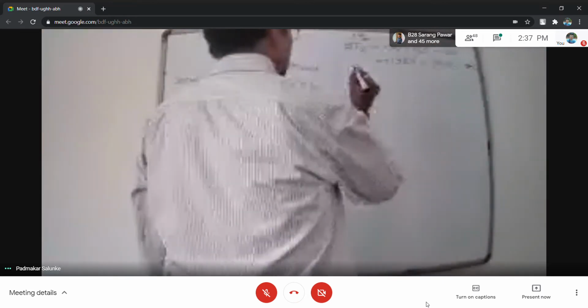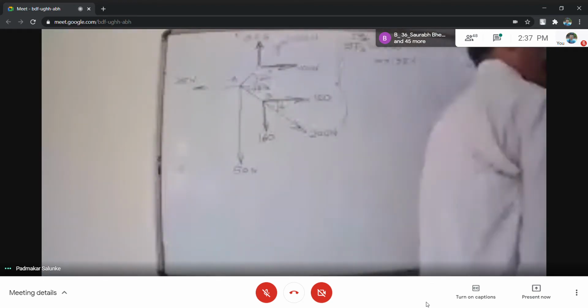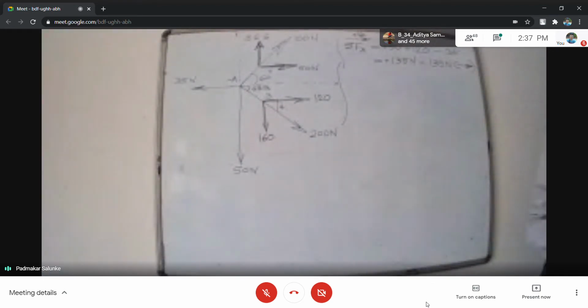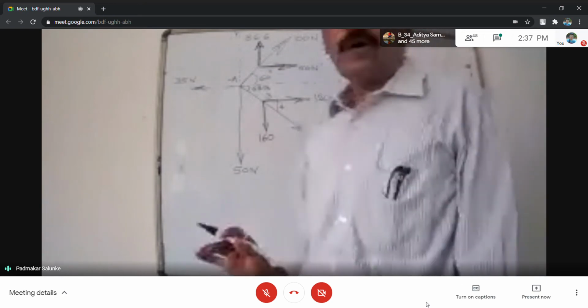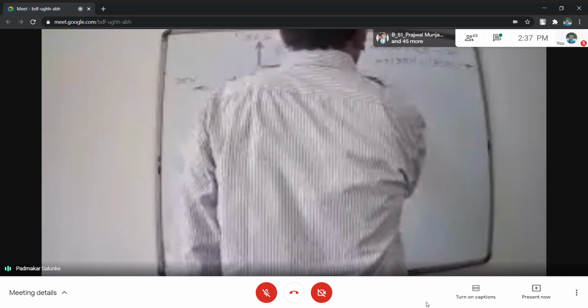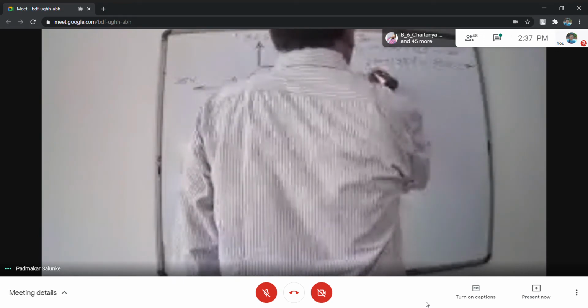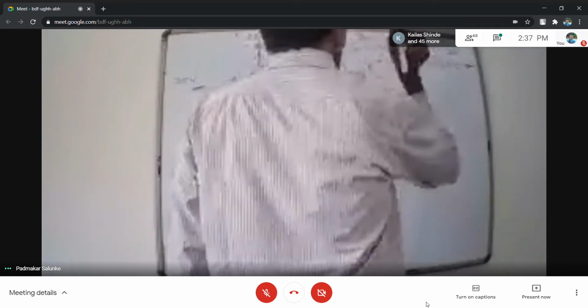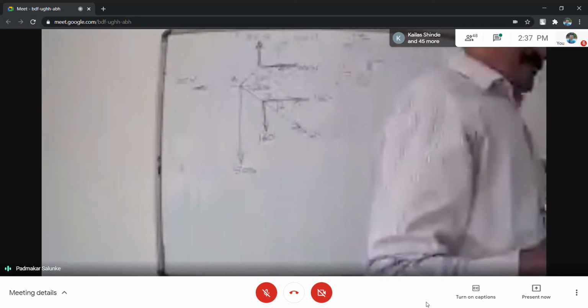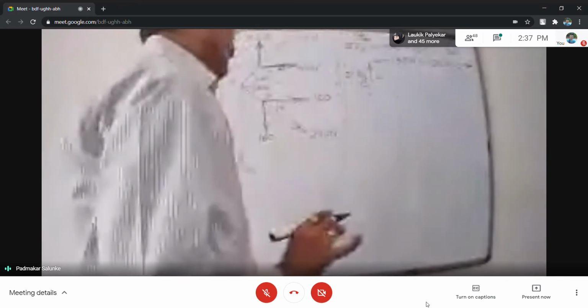Similarly, next line, please write: by taking the algebraic sum of y components of forces, that is summation Fy. In this case, upward is positive. That writing is not actually required; it is just to understand, as this is the first problem.